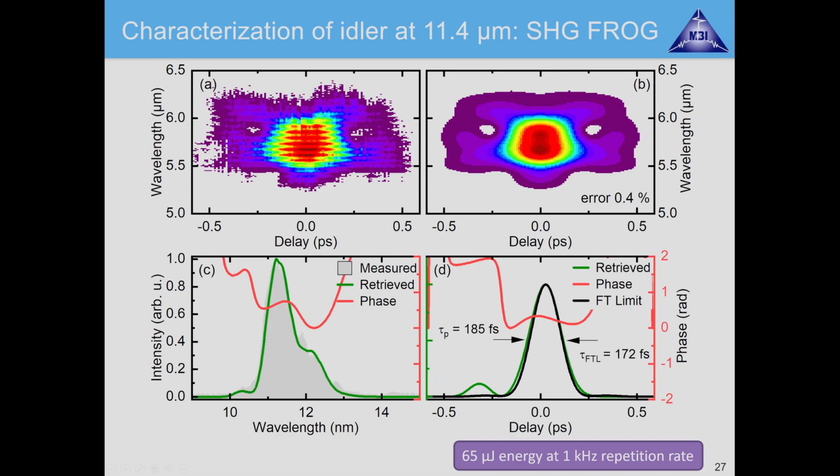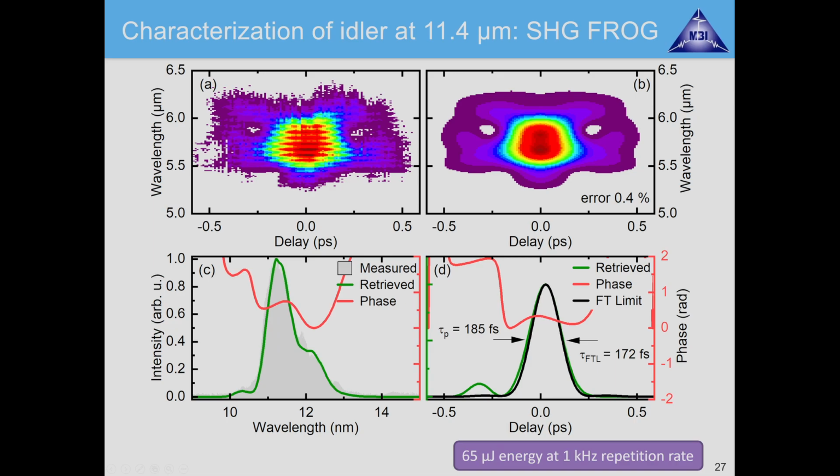We wanted to see some more phase information, so we also did a FROG measurement here. Again, same problem: for every delay point we have like 40 femtoseconds of measurement, so it takes like 1.5 hours to record this FROG trace, which makes all the higher-order phase compensation quite tricky.